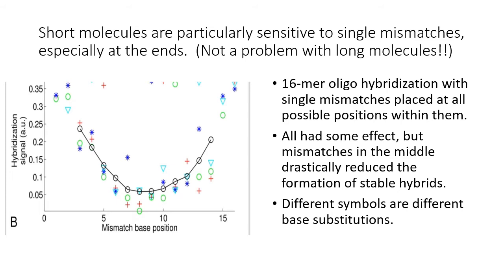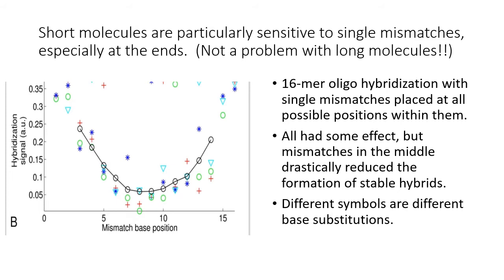That's what's shown in this graph: the mismatch base position is shown on the x-axis, with nucleotides going from 1 to 16 from left to right, and the fraction hybridized, as measured by absorbance, is shown on the y-axis.